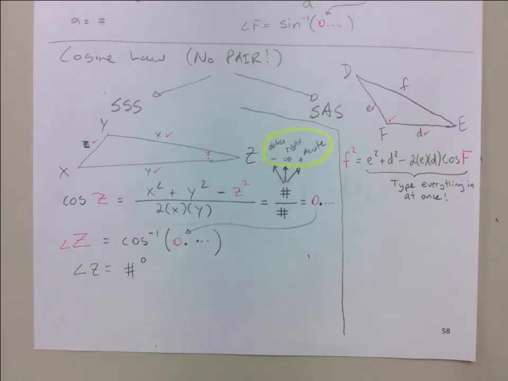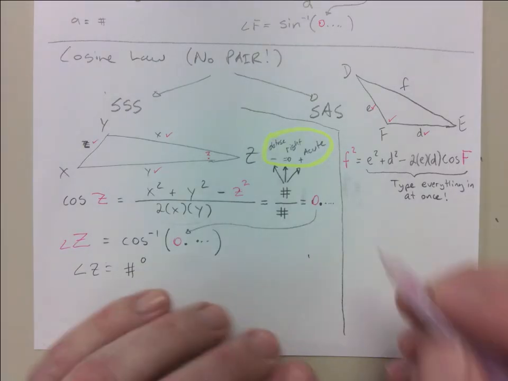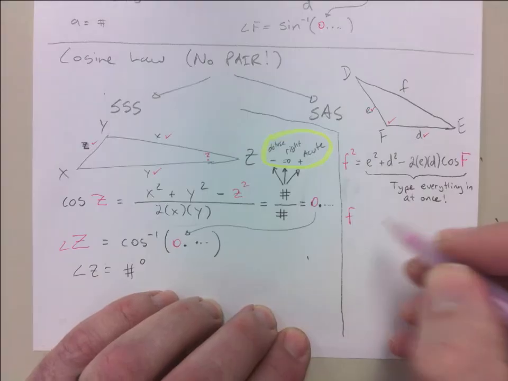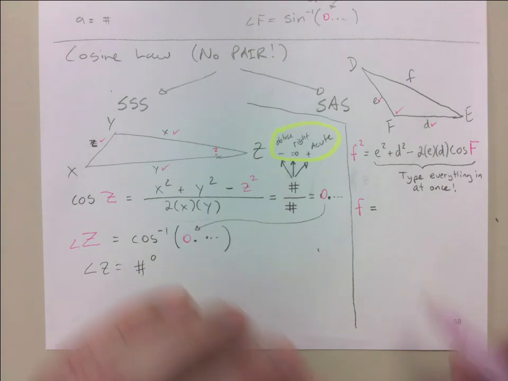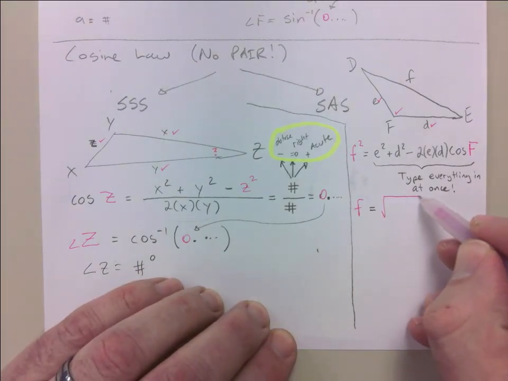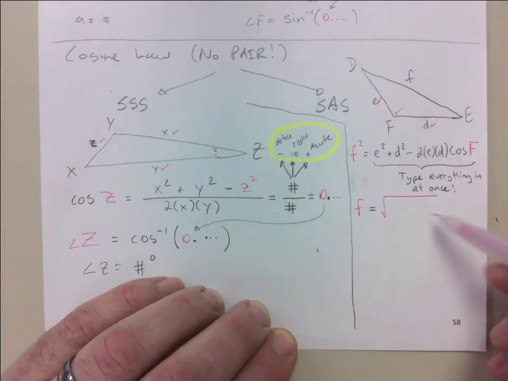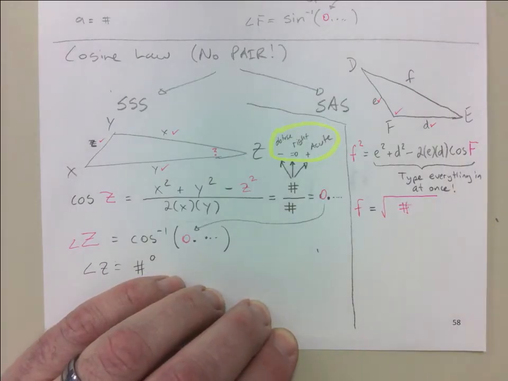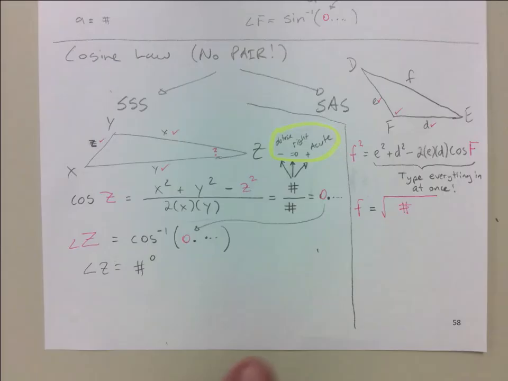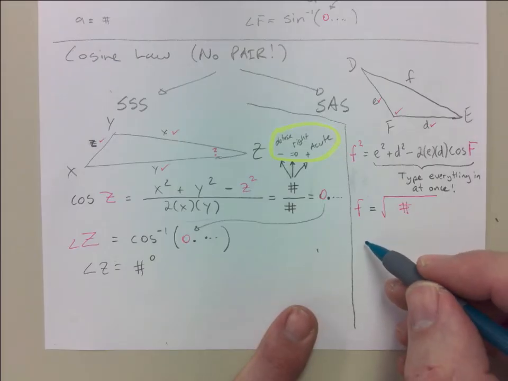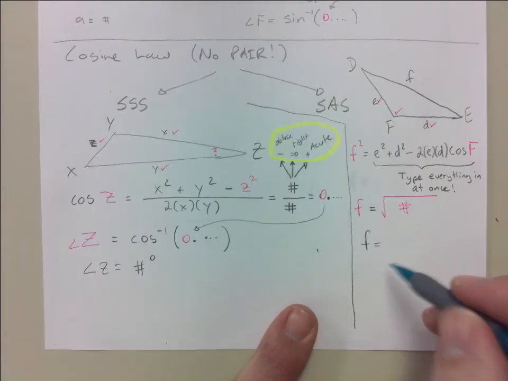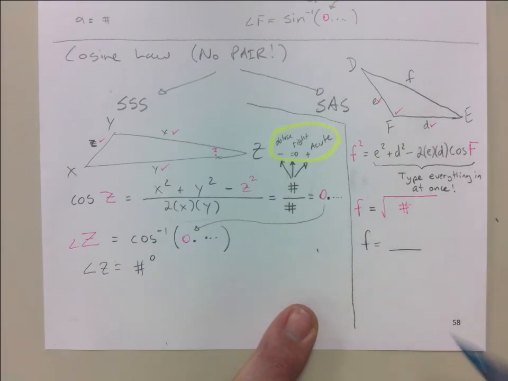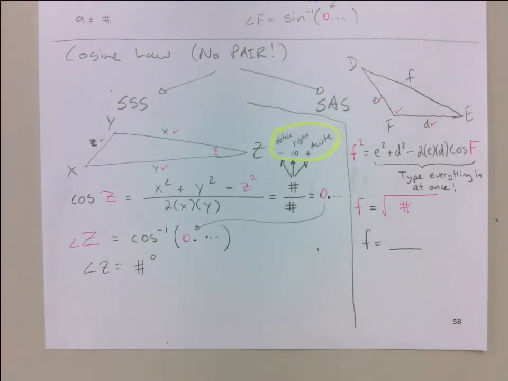It's fine to do it all at once. F is going to be equal to the square root of all of that. And now you've got your answer. You made it to the finish line. Just like that, guys.